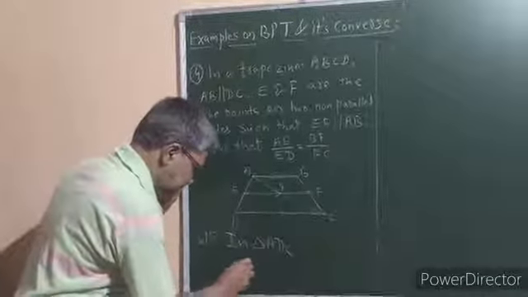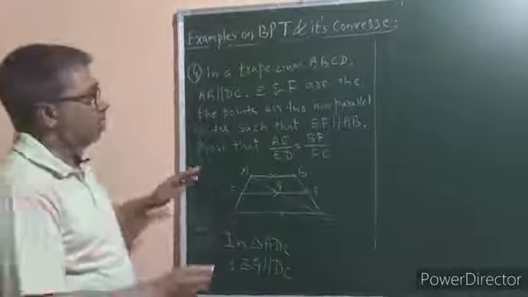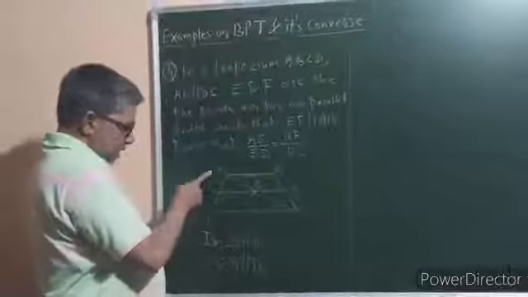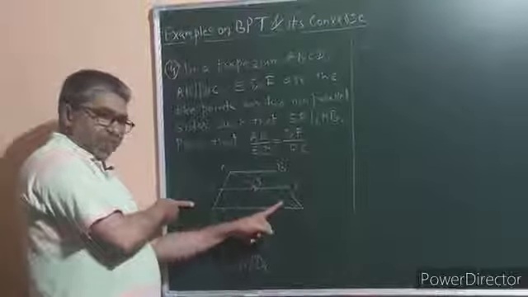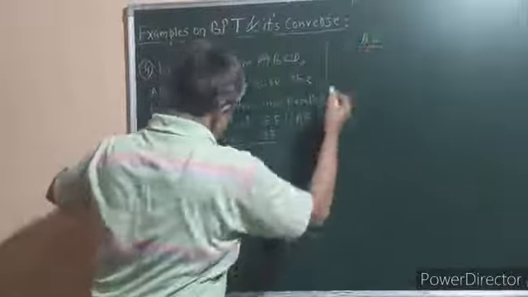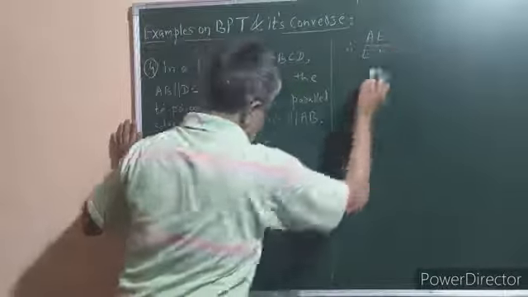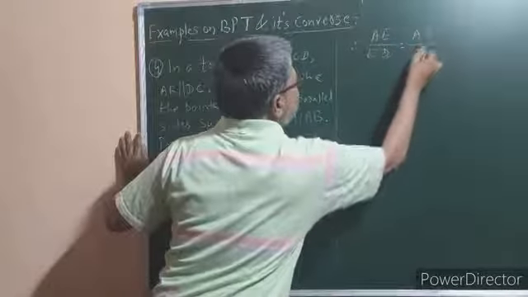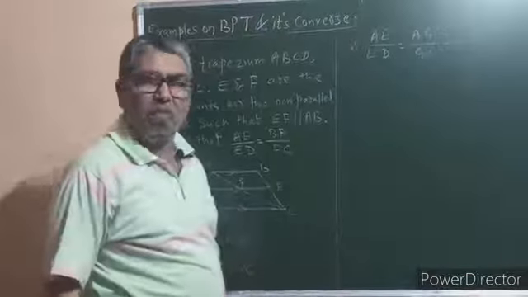So since EG is parallel to DC, therefore by Thales theorem AE upon ED will be equaling to AG upon GC. Call this equation 1.